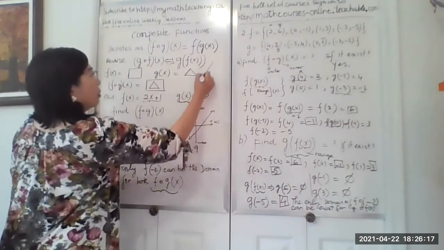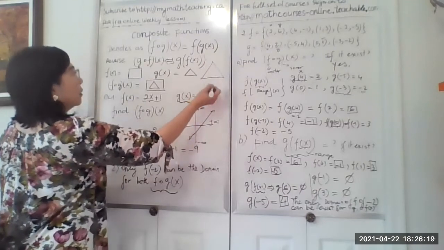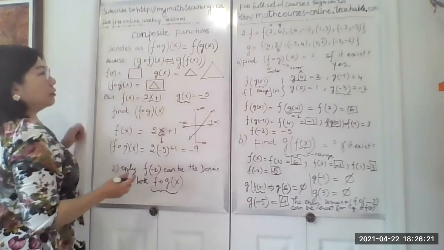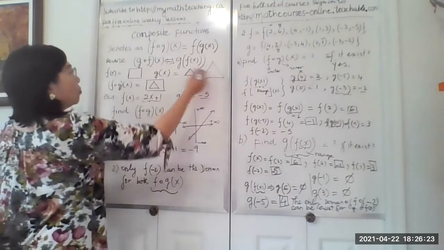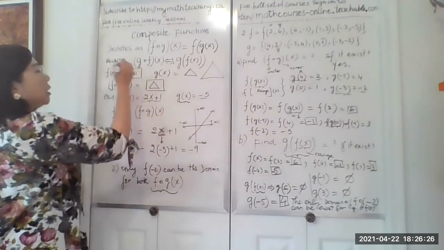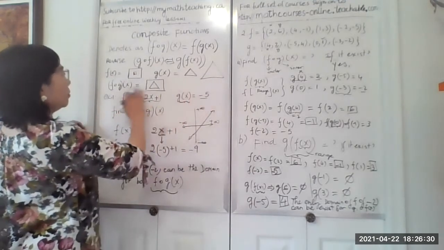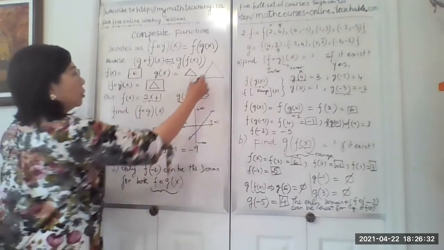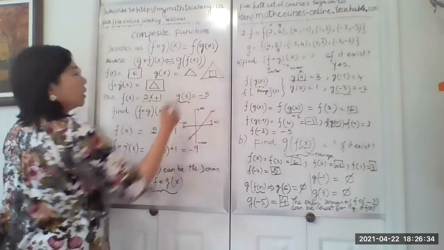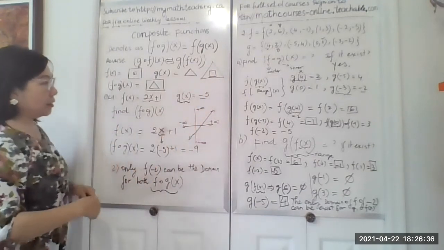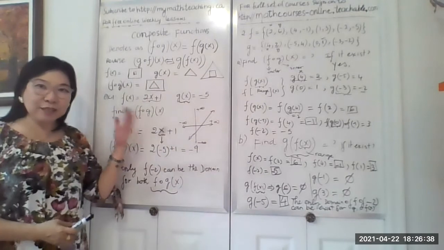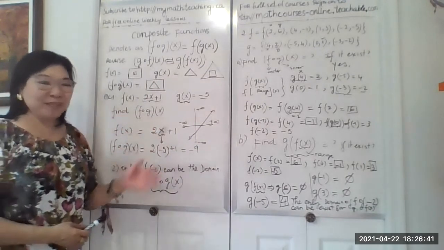If you draw a big triangle and you want to put it in the square, then there's no way, right? It's too big. You cannot put it in, to become the inner function. But if you reverse it, you say g of f of x, then yes, it's okay. You can put the square in the big triangle. So that is very concrete after I explain it like that, right? Okay.